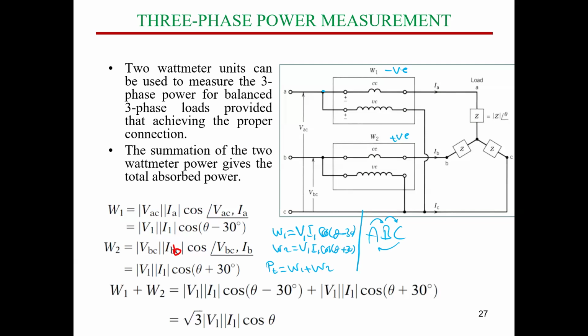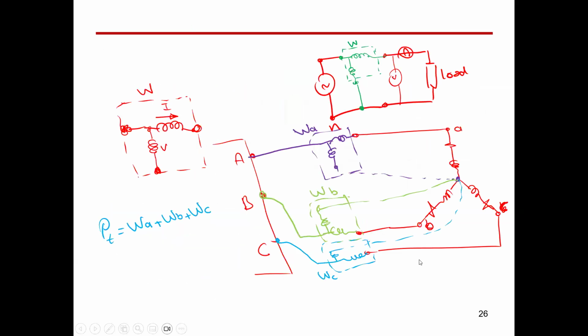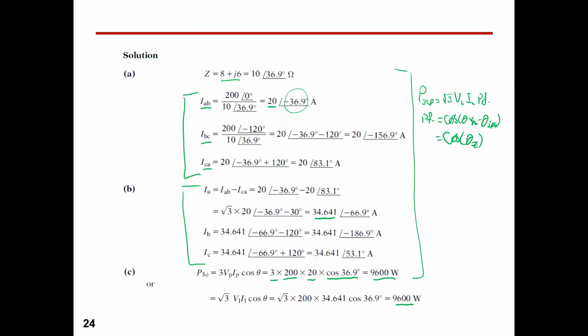So in our question, guys, let me go back here. In our question, we already have the V line and I line. Can you see here? This is the value of I line, 34.6. And V line equals V phase here, equals 200 volts.